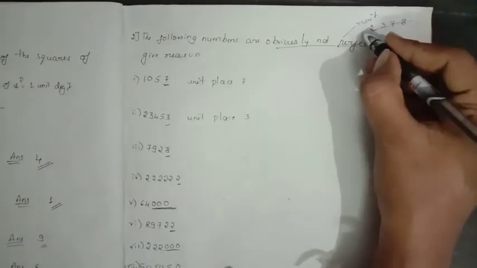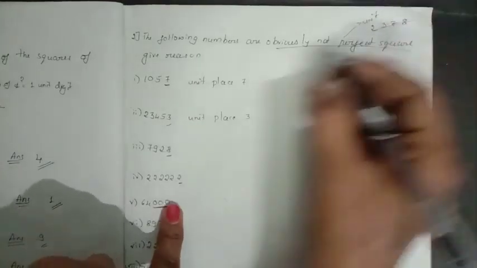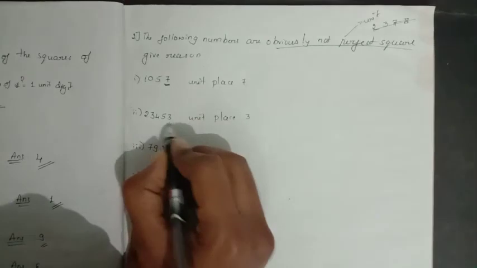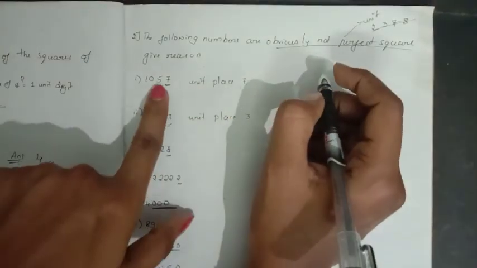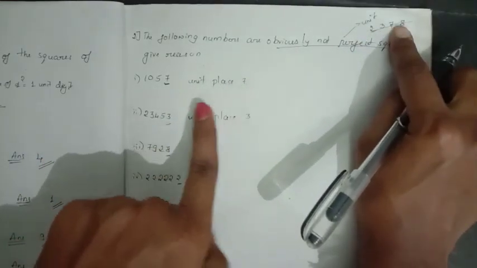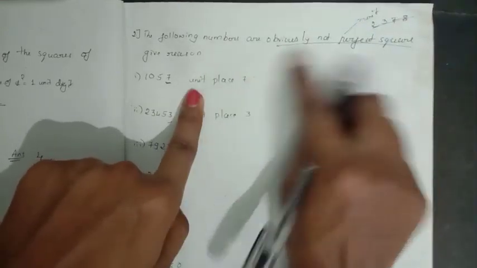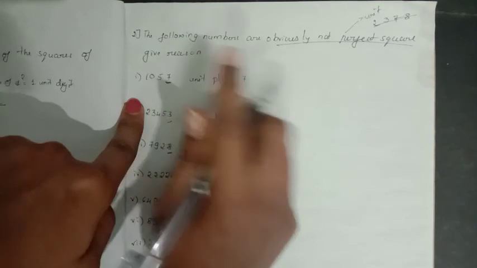If the unit place is 2, 3, 7, 8, then it is not a perfect square. So for that you have to observe the unit places. Here the unit place is 7, here the unit place is 3. If the unit place of any number is from these, then definitely it is not a perfect square. As they have given, these are obviously not perfect squares, and you have to give the reason for that.